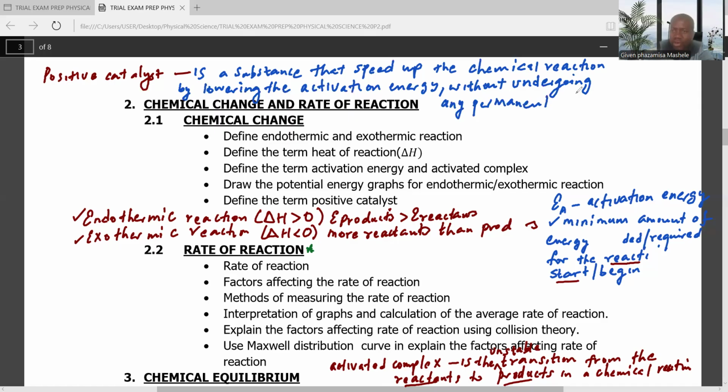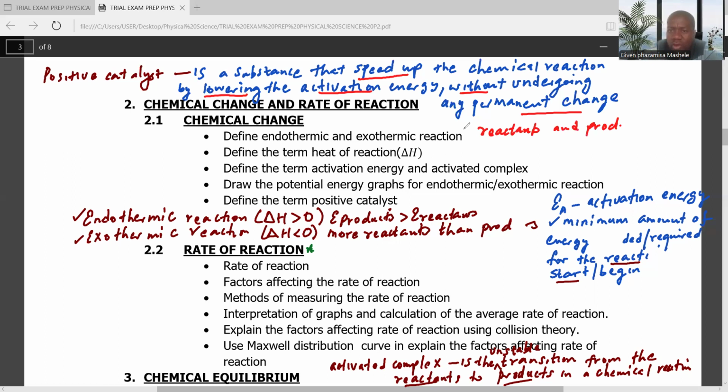So I want to explain this so that you can understand. The function of a catalyst in a chemical reaction is to speed up the reaction by lowering the activation energy, however, without undergoing any permanent change. It means that yes, it lowers the activation energy, but it does not change the reactants and the products.